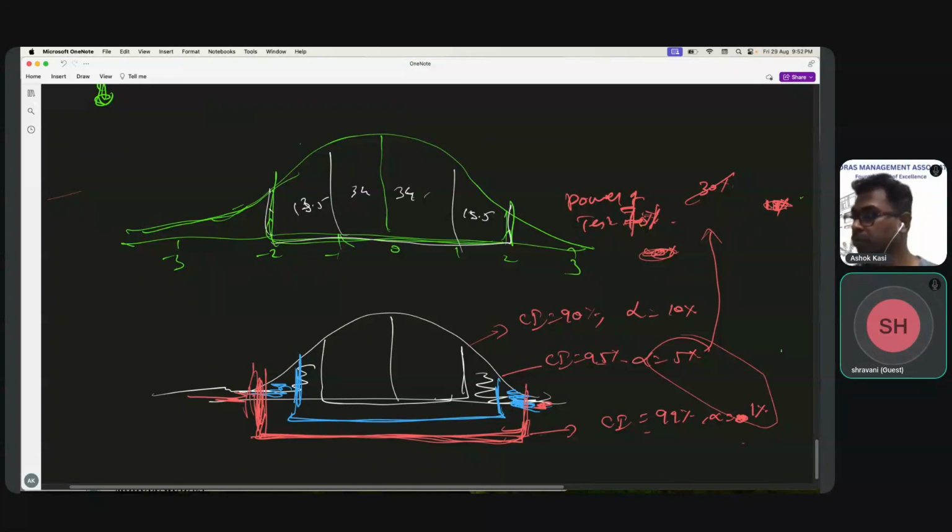It has gone from 30 to 40% now, right? So power of a test will come down, because power of a test is 1 minus type 2 error. So it will come down from 70% to 60%. Have you understood this? Okay, fine.